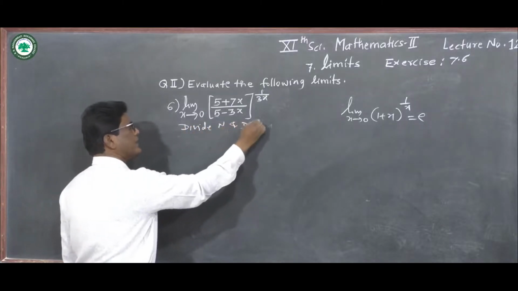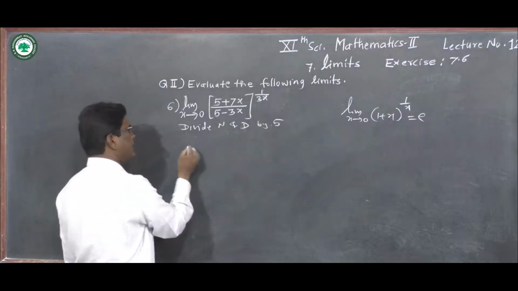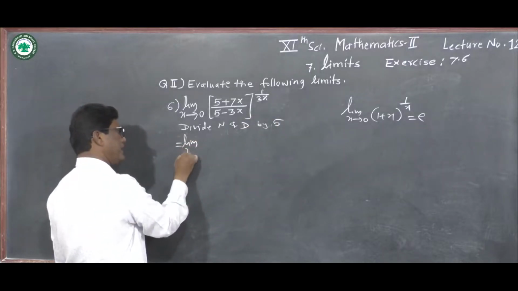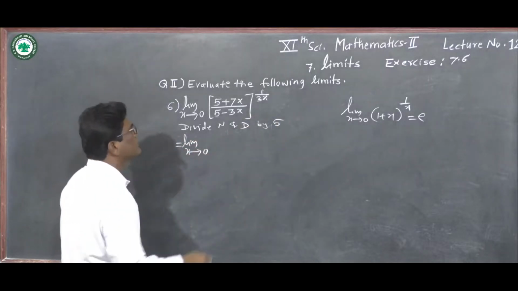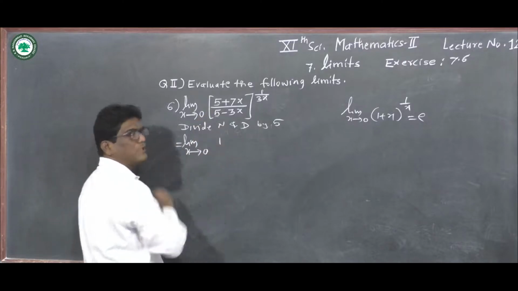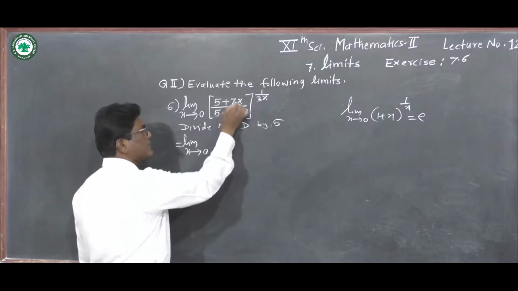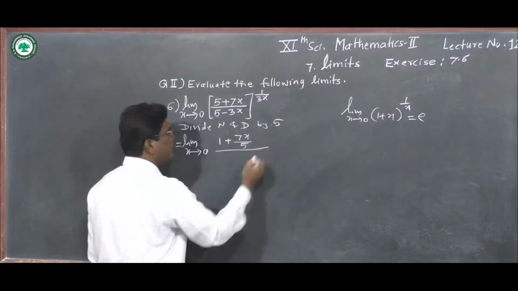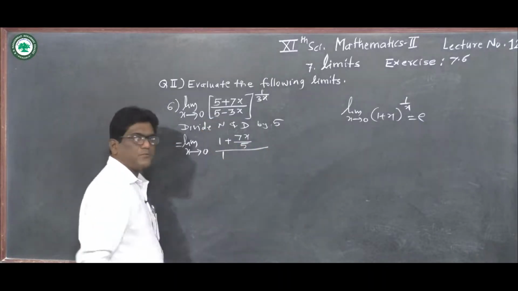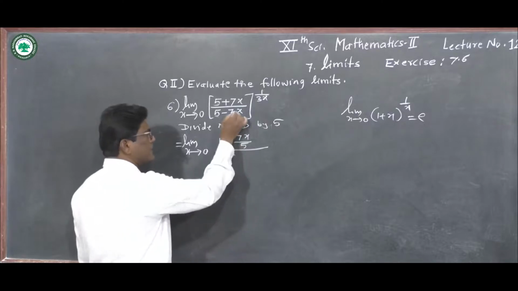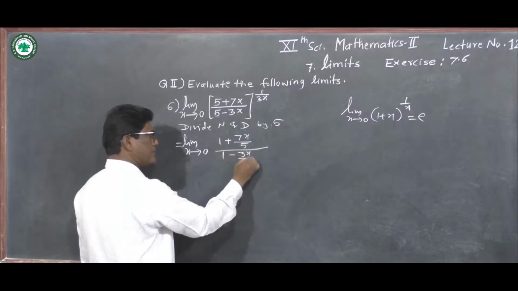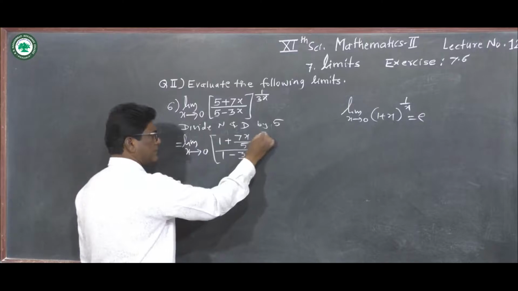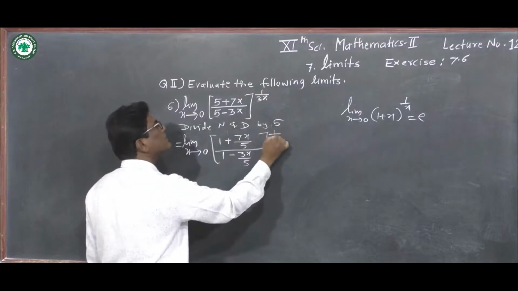Therefore we get limit as x tends to 0 of (1 + 7x/5) divided by (1 - 3x/5), with power 1/(3x).